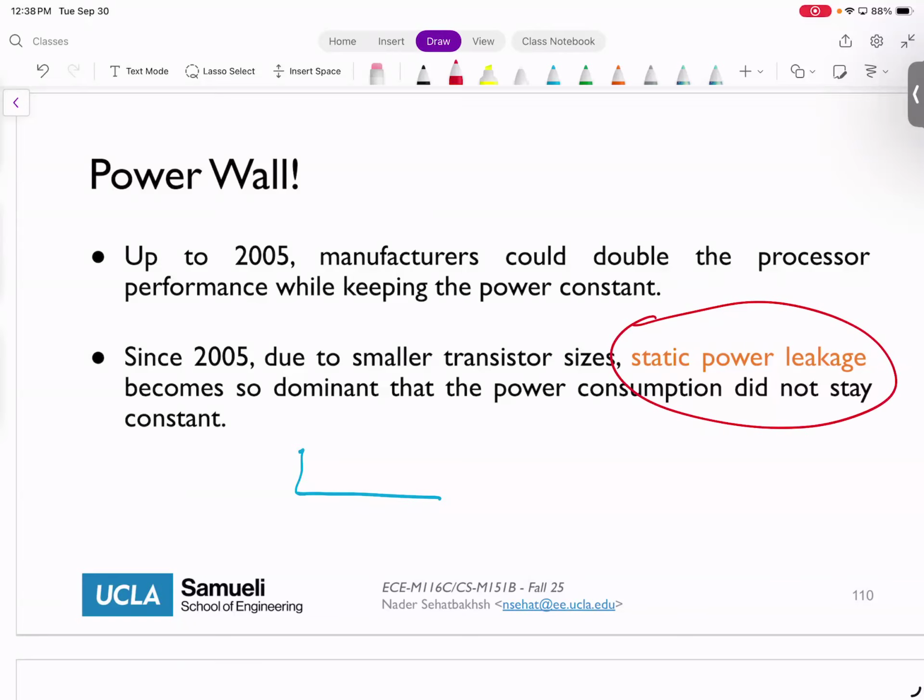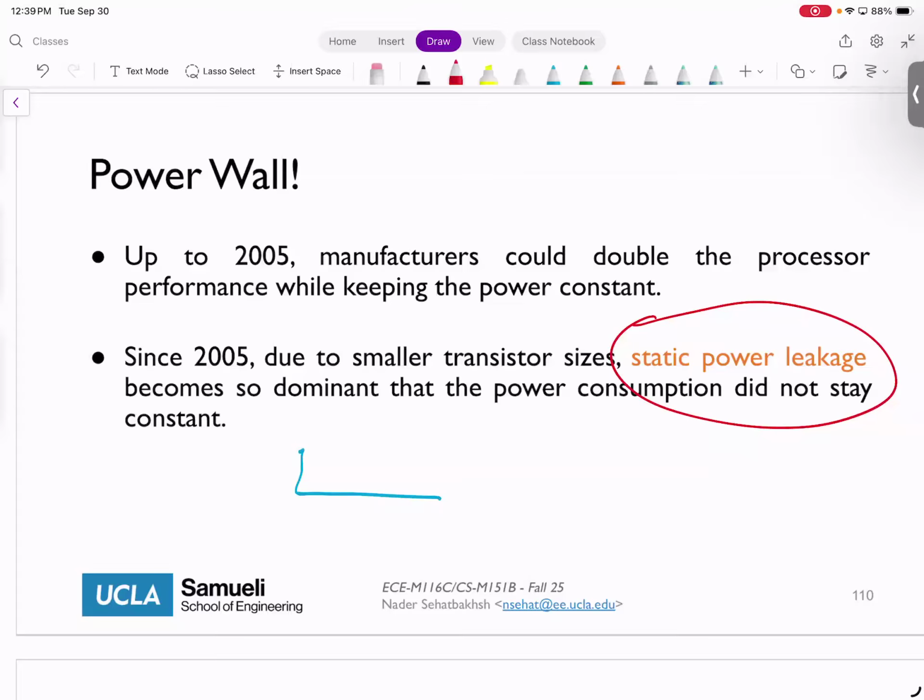There are usually two classes of power consumption: static power consumption and dynamic power consumption. Dynamic power consumption happens when your transistors are switching. When they switch, you move current from top to bottom or bottom to top, and you're charging or discharging some capacitor. That requires some energy.